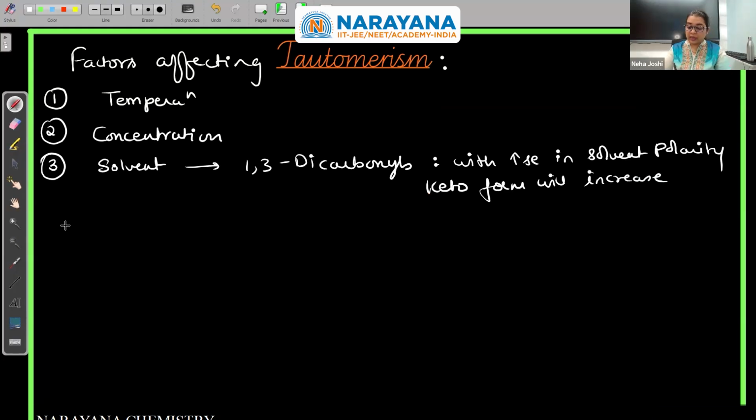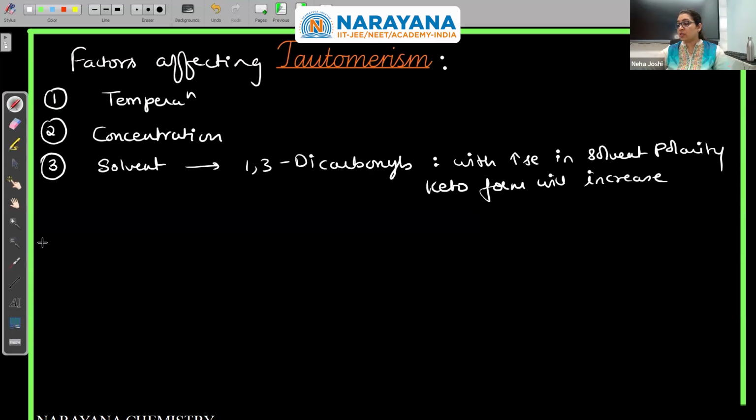So this is for 1,3 dicarbonyl; no important impact on 1,2 dicarbonyl. There it is not of any such importance. Okay? So temperature, concentration, solvent, these things can have some impact on the tautomerism.